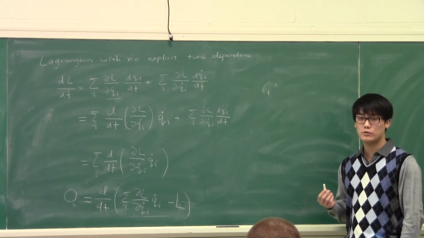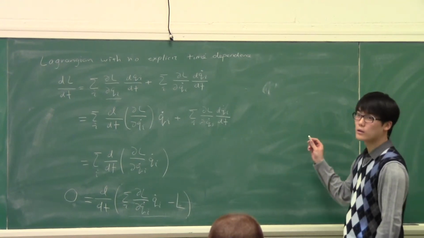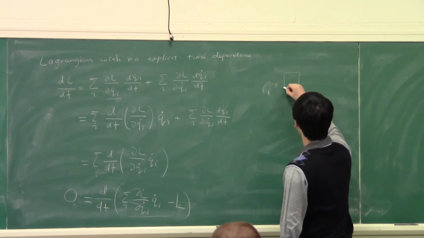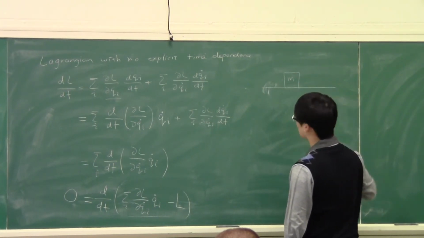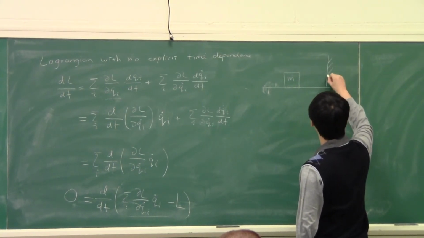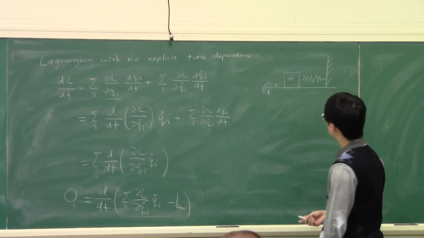Alright, so now I'd like to move on to a simple harmonic oscillator. And for that, let's consider the simplest picture of a mass m, now restrained to moving in one dimension, and it's connected through a spring to a wall. Okay.